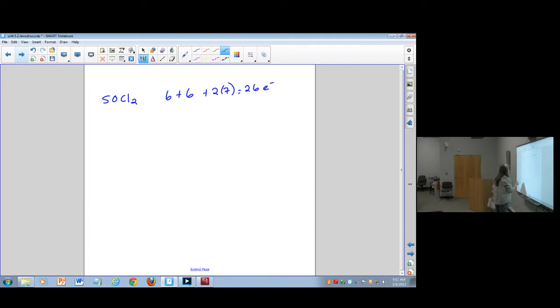Sulfur is going to end up being your central atom here. I'm going to add the oxygen, the chlorine, and the chlorine. Then I'm going to fill our outer atoms with an octet. And then I'm going to count: how many electrons have I used so far?